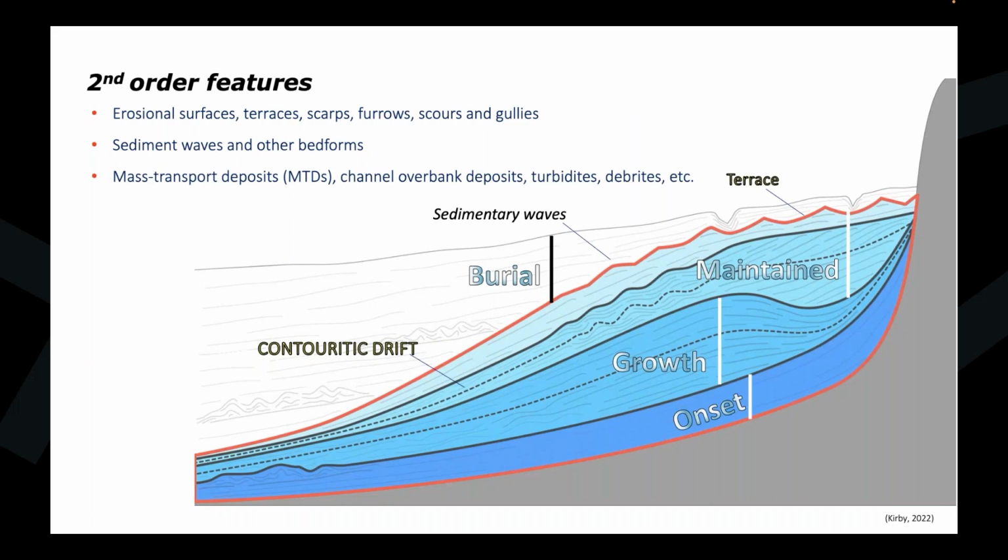And as second order features, you could have erosional surfaces or small terraces, scars, furrows, gullies, and so on. Or sediment waves or other bedforms or mastrapo deposits, channel overbank deposits to be identified, etc. So they are smaller in scale compared to the former.